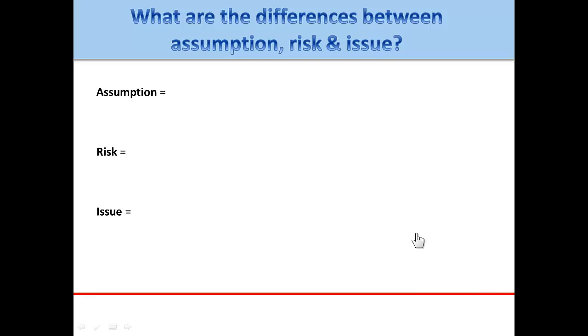Before I conclude this project management tools video, give this final question some thought. What are the differences between assumption, risk, and issue? I'll pause while you formulate your answers.